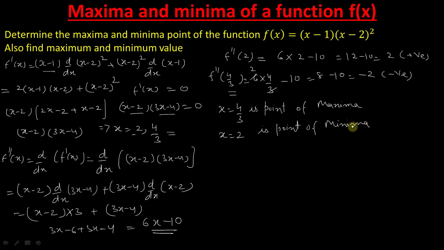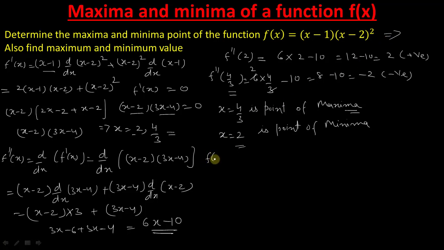We have identified x is equal to 2 is a point of minima, and x is equal to 4 by 3 is a point of maxima. So now we have to find the maximum and minimum value of the function, so for that we have to use this.